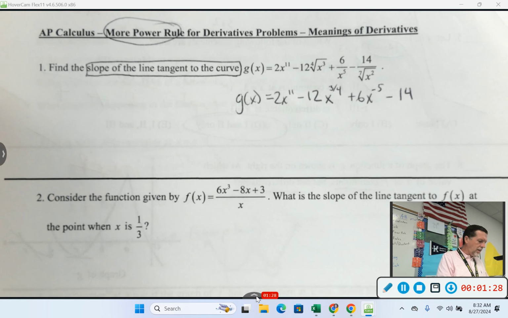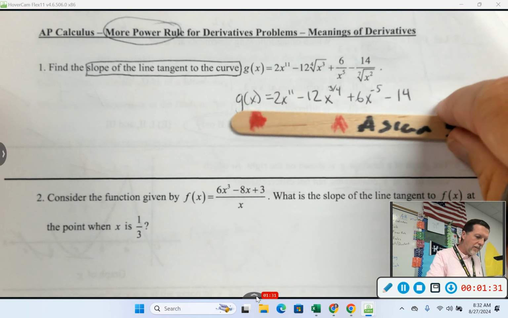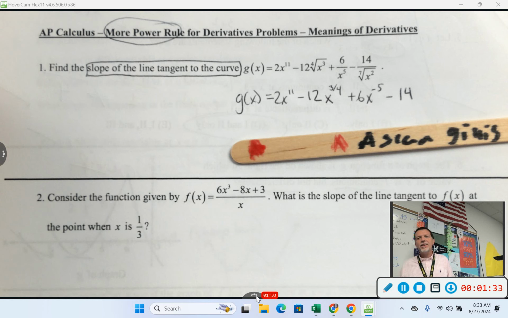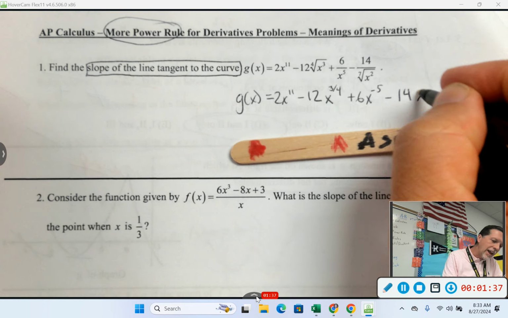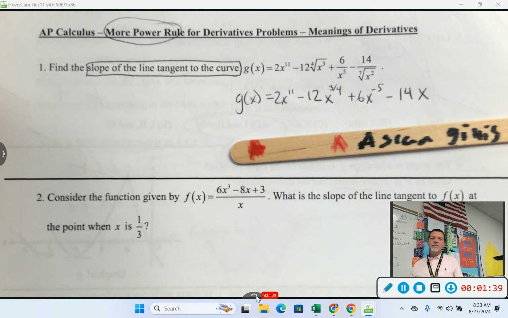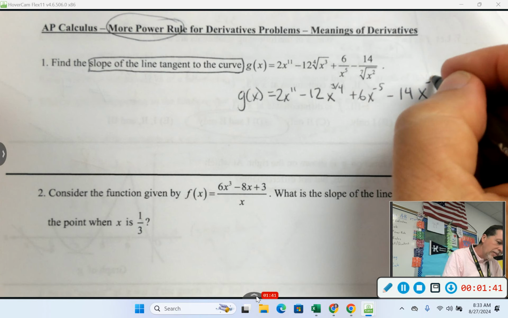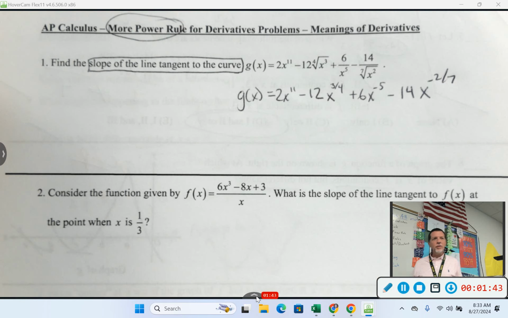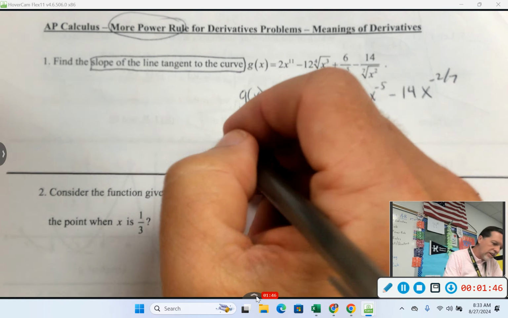And then lastly, Aslan, you get the hard one here. The 7th root of x squared in the bottom, how could I rewrite that as x to a power? Negative 2 over 7. So a whole bunch of algebra, and then a little bit of calculus.